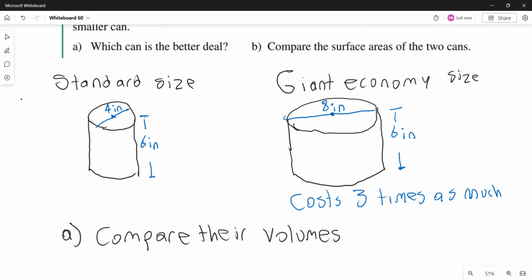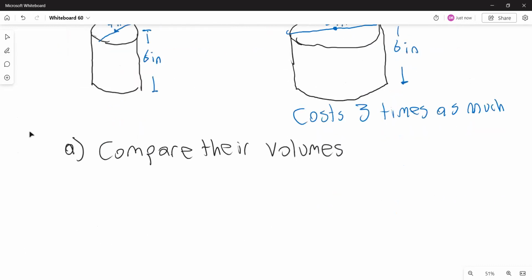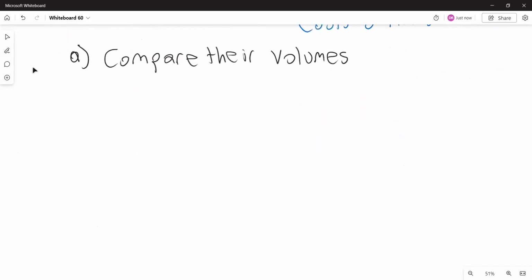If it gives you less than 3 times as much product, the standard size is going to be a better deal. It's going to be better to buy 2 or 3 of the standard size, because that's going to be the same price and that would give you more volume. Okay, so let's find the volume of the standard size.